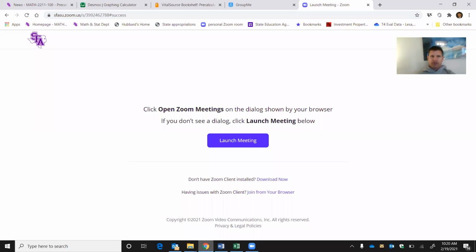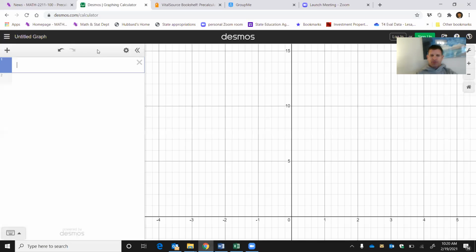So let's look over in Desmos what that looks like. Okay, so let's imagine you had the function 5 times, say, 1.4 to the x.